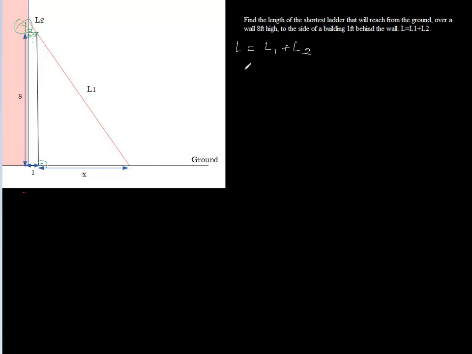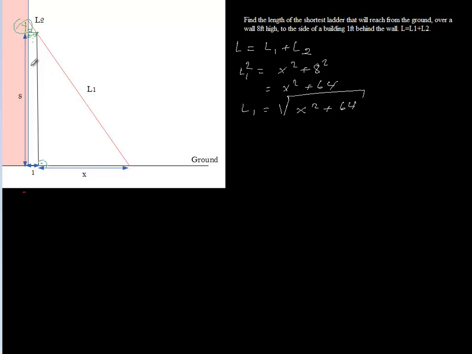So quickly, we can say that L is equal, we know L1 squared is equal to x squared plus 8 squared. This is 8. So it is equal to x squared plus 64. Meaning that L1 is equal to square root, we let go the negative part because this is length, has to be positive, square root of x squared plus 64.